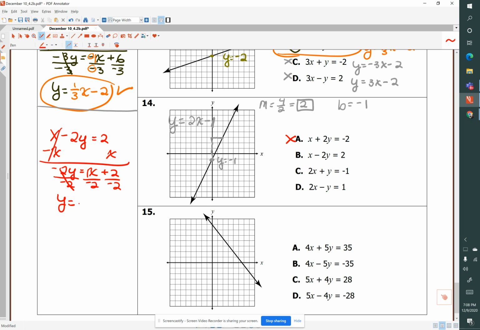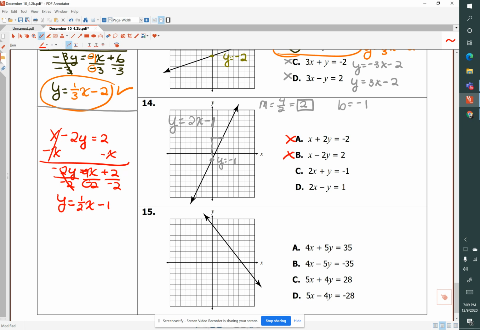We have an invisible 1, so that's going to be negative 1/2 x. Oh, this should be a negative. Okay, that's going to be a positive 1/2 x. Sorry about that. I almost missed my own negative. Positive 1/2 x, because a negative divided by negative is a positive, minus 1. So not what we're looking for.